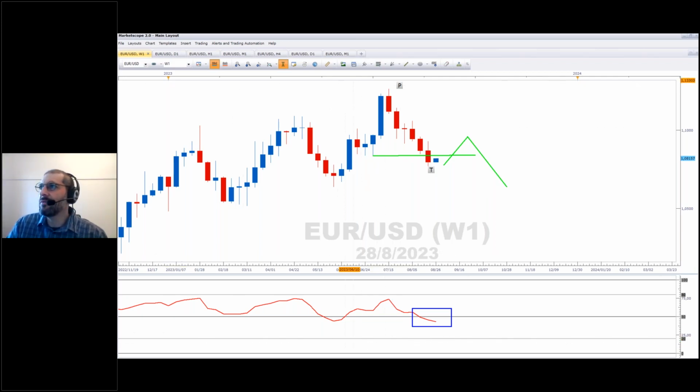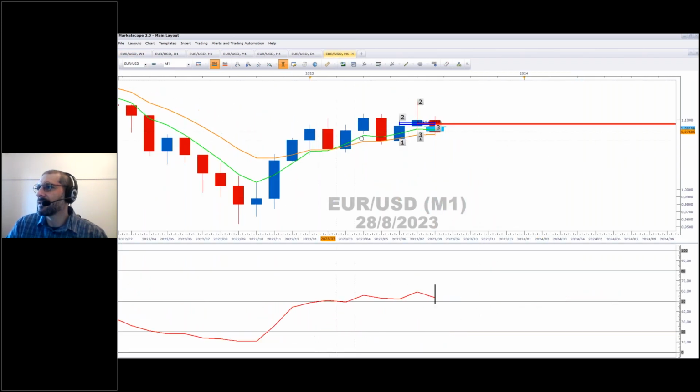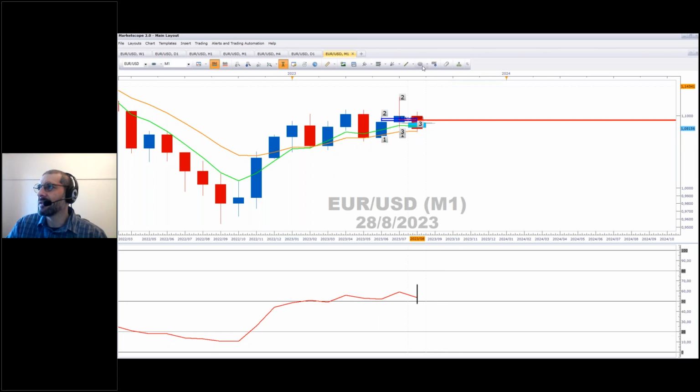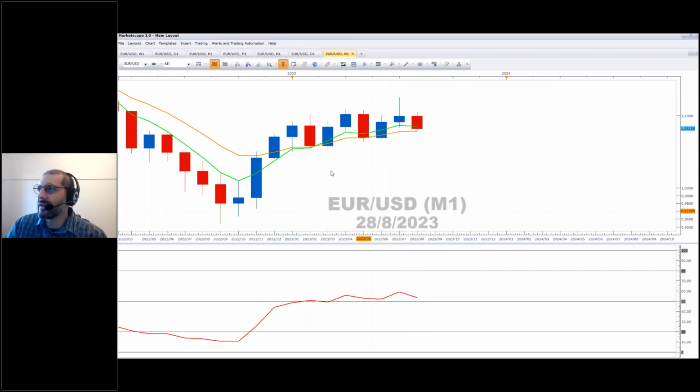If we go through to the monthly chart here, there's a lot happening here. Let's just clean this all up. You can see how we are in bull mode.